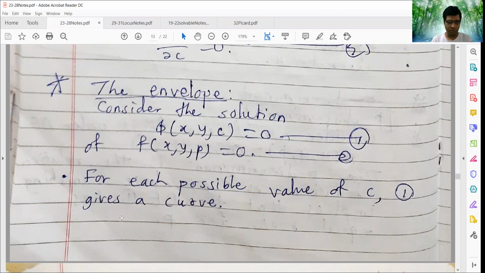We consider the general solution phi of x y c equal to 0 of the given differential equation f of x y p equal to 0. If we change the value of c, we get a new curve. So phi of x y c equal to 0 forms a family of curves, and each such curve is a solution of the given differential equation.